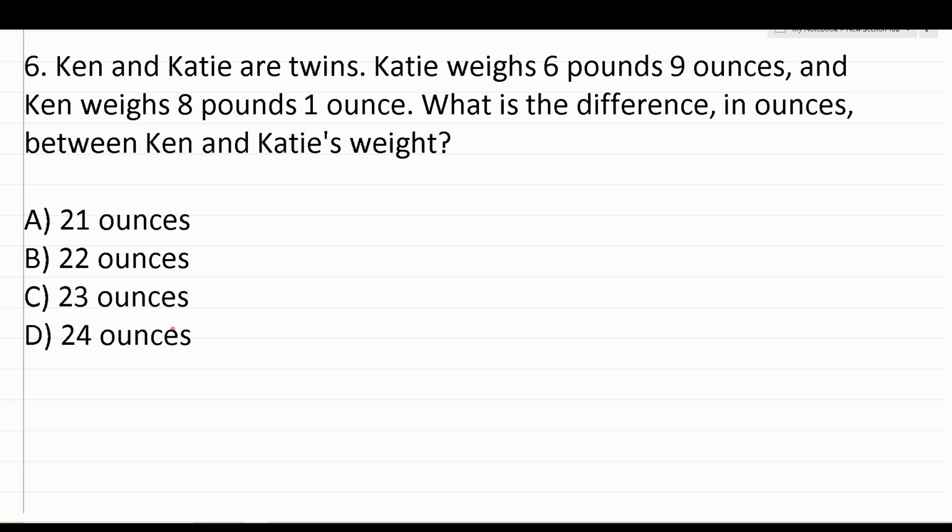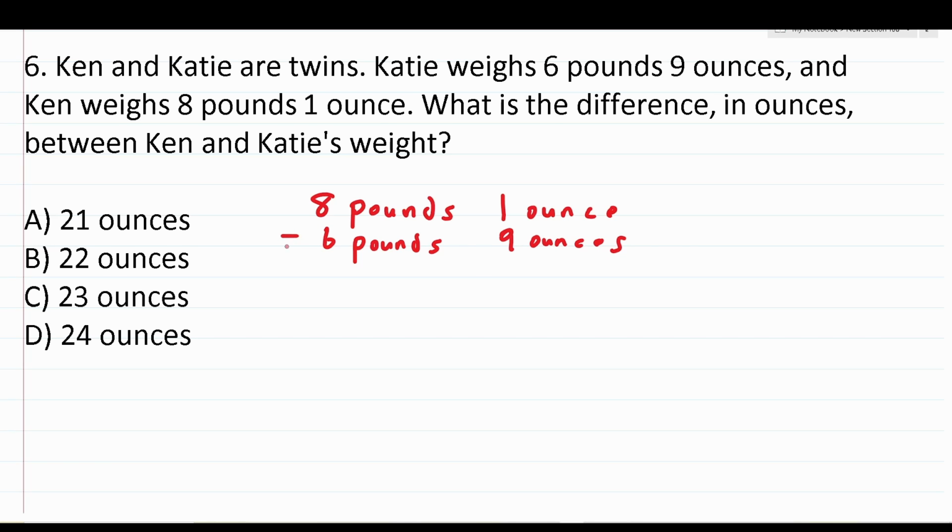Number 6 says this: Ken and Katie are twins. Katie weighs 6 pounds, 9 ounces, and Ken weighs 8 pounds, 1 ounce. What is the difference in ounces between Ken and Katie's weight? All right, so again, we're told that Ken weighs 8 pounds and 1 ounce, and Katie weighs 6 pounds and 9 ounces.